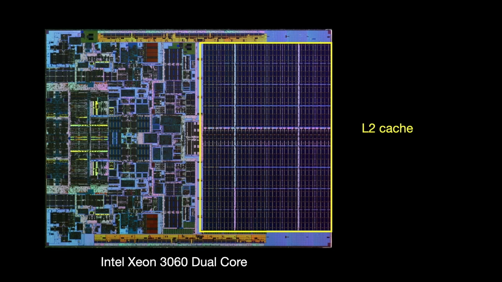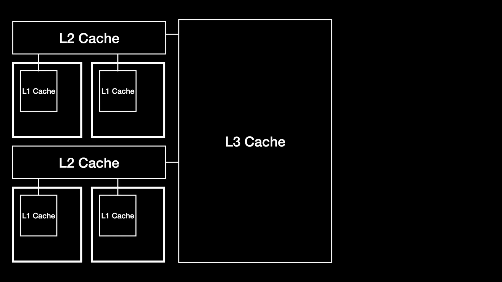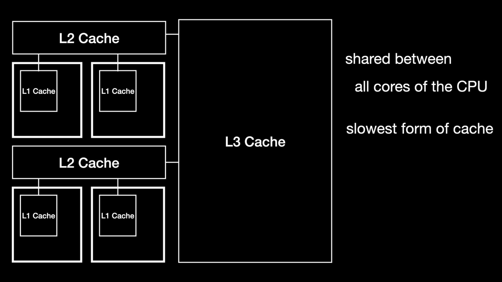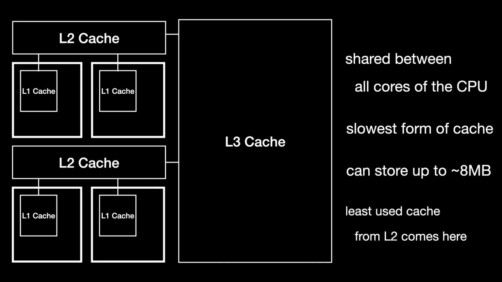Since there's only two cores on here, it only really needs L2 cache. Now let's go down to L3. This is shared between all the cores of your CPU. It is also the slowest form of cache. This stores up to 8 megabytes, and the least used cache from L2 comes down here.